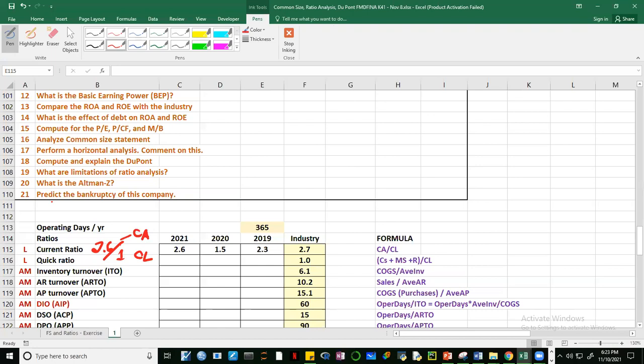And if we compare that to the industry, the 2021 industry figure is 2.7. So mas mataas yung average performance ng industry kaysa kay XYZ kasi they're more liquid in the sense that mas kaya nila magbayad dun sa mga current liabilities nila. They're more capable of paying their current liabilities by virtue of the higher current ratio.